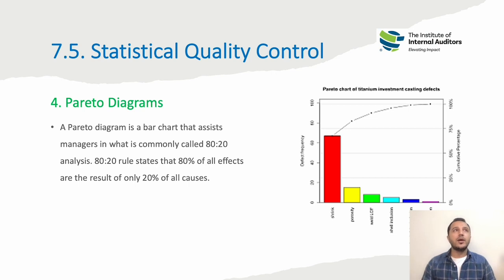So if we manage the 20% of bad employees within our company, 80% of the HR issues will be resolved. If we focus on 20% of the production issues, then 80% of the issues in the production line might be resolved. So the 80-20 concept goes with that. And here, in this graph, try not to understand too much. It's just a graphical presentation of how it looks.